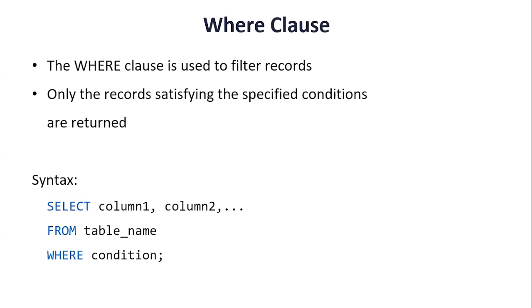Now, when you write a select query, just getting all the records in the table is not very useful most of the time. So there should be a way to filter the records as we want. That is done by using a where clause. By using a where clause, we can specify a condition, and only the records satisfying that specified condition will be returned in the result set.